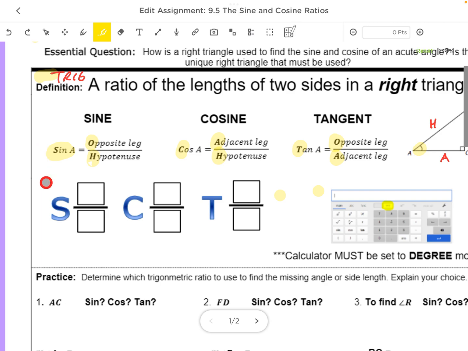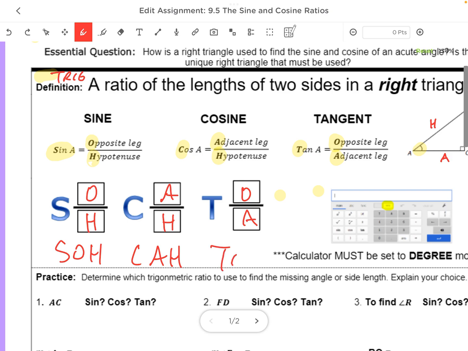We have an easy way to remember it as well. If we remember that sine is opposite over hypotenuse, then we can just think SOH, S-O-H. Then we can remember cosine is adjacent over hypotenuse, so we can think CAH. And tangent we talked about was opposite over adjacent, so we can think TOA.